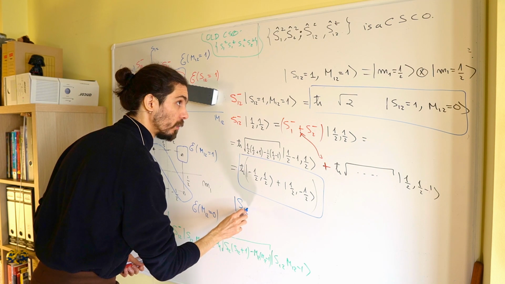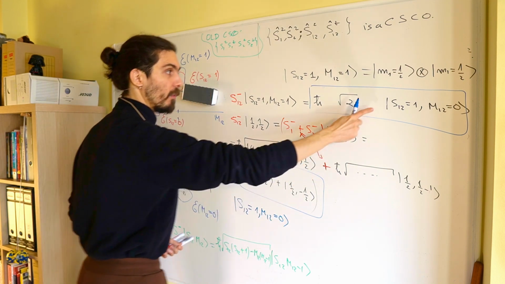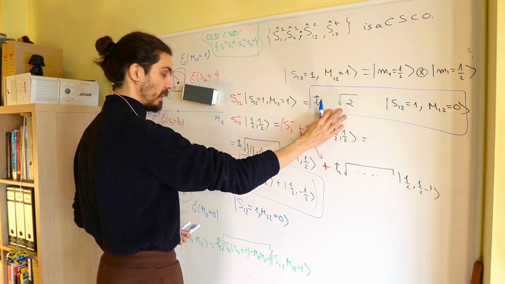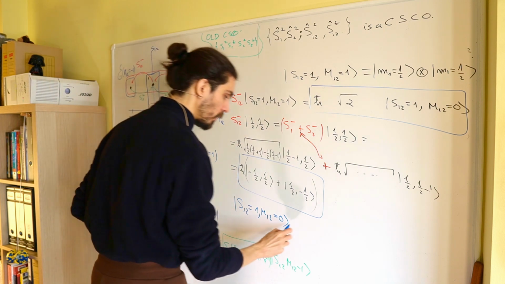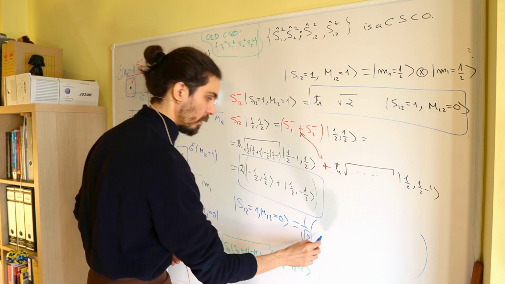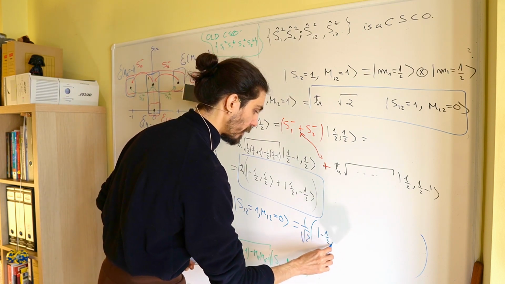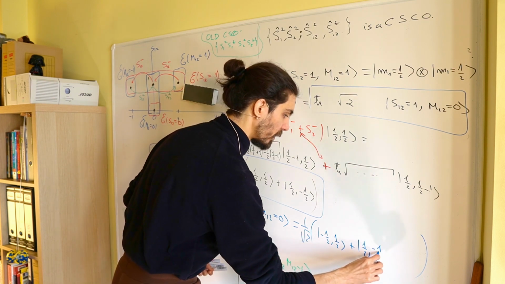The S12 is equal to 1, M12 is equal to 0. Just rearrange it. You just divide by h bar square root of 2 on both sides. The h bar cancels here. So we get 1 over square root of 2, 1 over square root of 2. And now, well, you get the minus 1f plus 1f minus 1f.